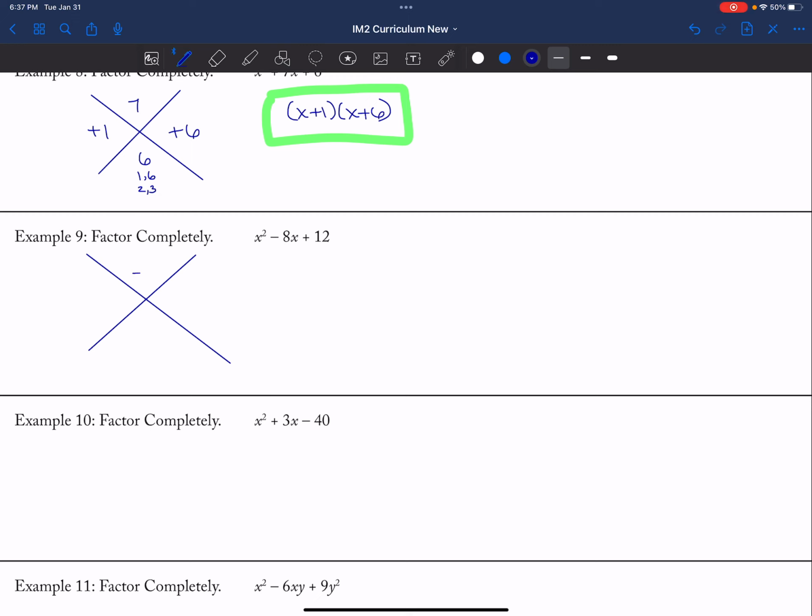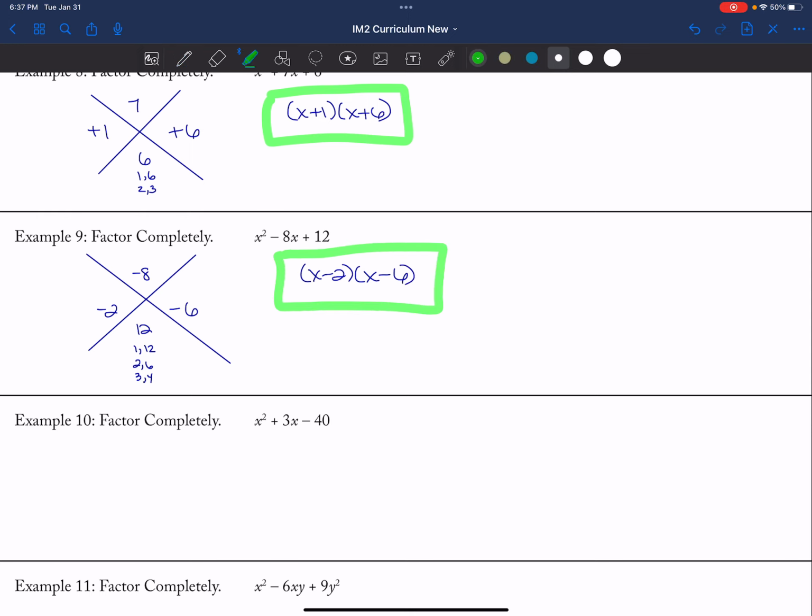And then I have negative 8 on top and 12 on the bottom. Factors of 12, 1 and 12, 2 and 6, 3 and 4. Okay, and you can stop once you get a factor that works. So I didn't need to write 3 and 4 because I know negative 2 and negative 6 work. So this gives me x minus 2 and x minus 6.